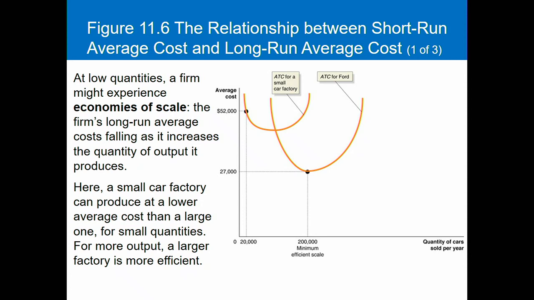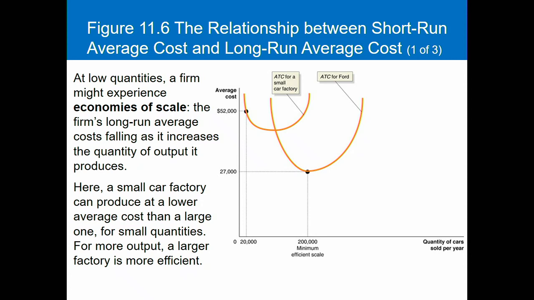But because of these high costs, if you're producing a small number of cars, you're going to end up with a higher average total cost than if you're producing a larger number of cars. So in this example, if Tesla chooses to produce 20,000 cars, they're going to be at this point up here, the average cost of $52,000 per car.